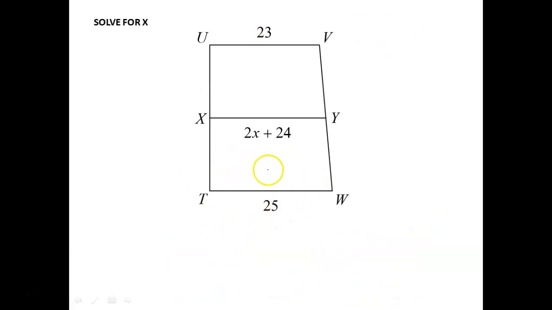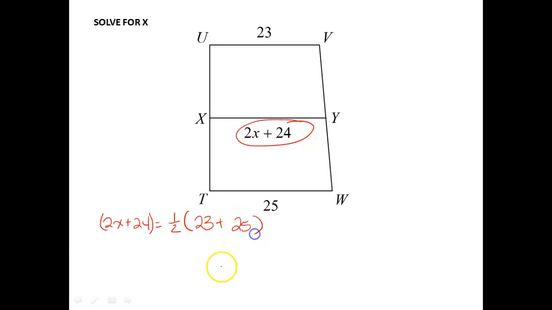All right, in this one, you'll solve for X. Same rule applies. Mid-segment is 2X plus 24 is equal to, that's your mid-segment, 1/2 times base 1, which is 23, plus base 2 is 25.